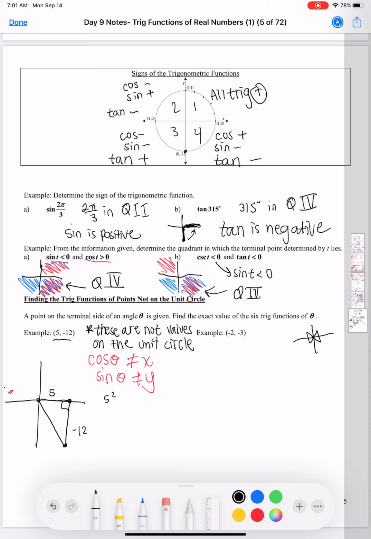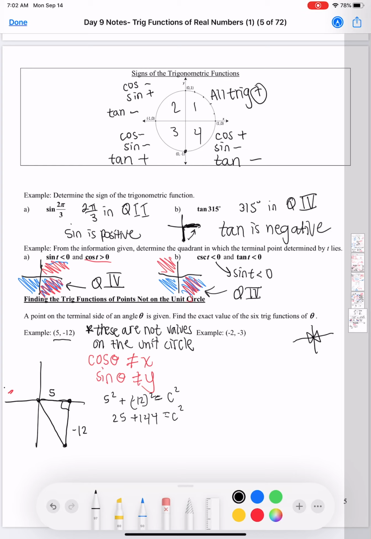So we have 5 squared plus -12 squared equals, I'll just do c squared since we're used to that for Pythagorean theorem. All right, well 5 squared is 25. -12 squared is +144.